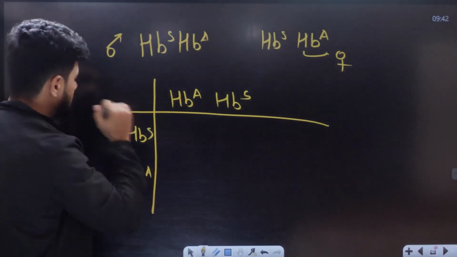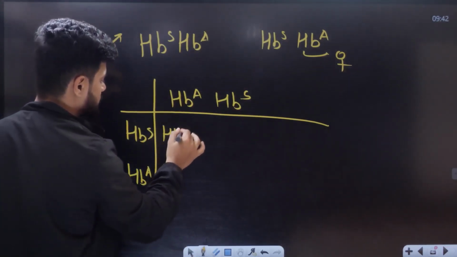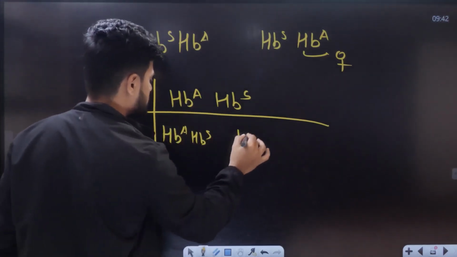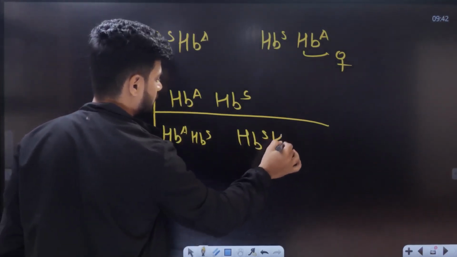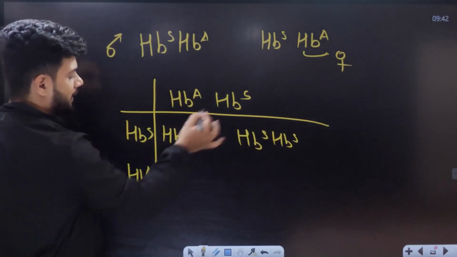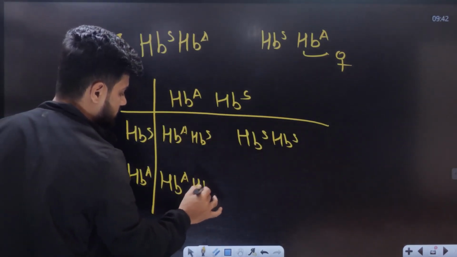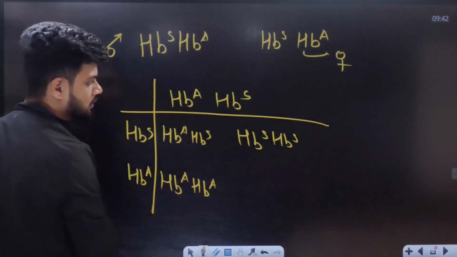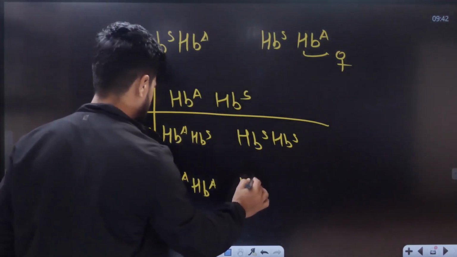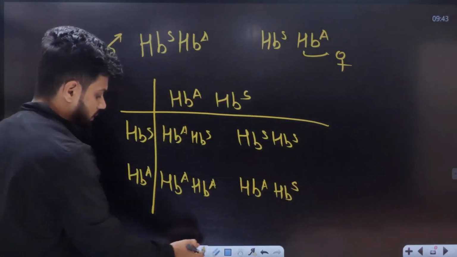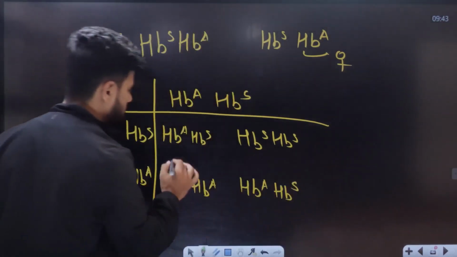Now tell me, students, this person is going to be a carrier, HBA, HBS, carrier. Next one is going to be HBS and HBS. This person is going to be affected. HBA and HBA, this person is going to be completely normal. HB means hemoglobin.